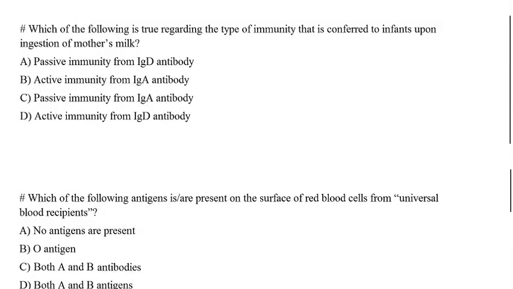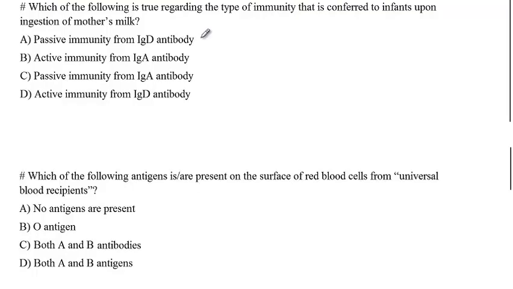And then the final two questions. Which of the following is true regarding the type of immunity that is conferred to infants upon ingestion of mother's milk? So we already discussed that mother's milk has IgA. IgD was the type of antibody that is present on the B cells for recognizing different antigens. Now, the next question that you need to answer is, is this type of immunity active or passive? So passive is when we receive antibodies from a different source than our own body.